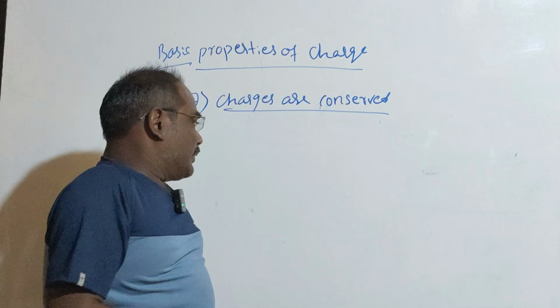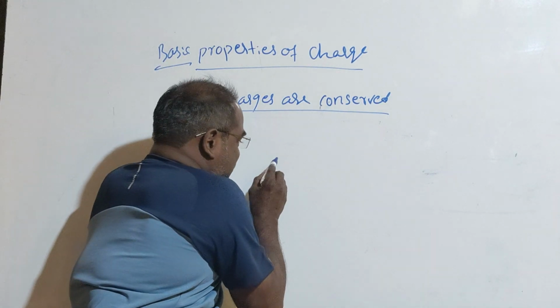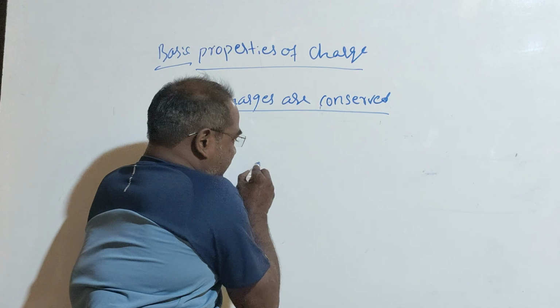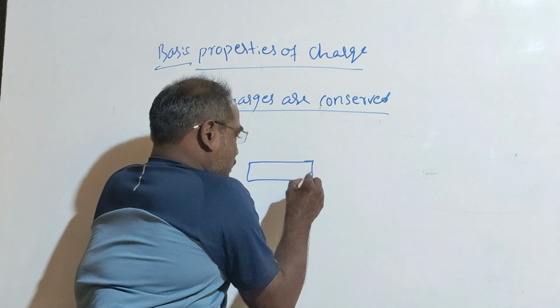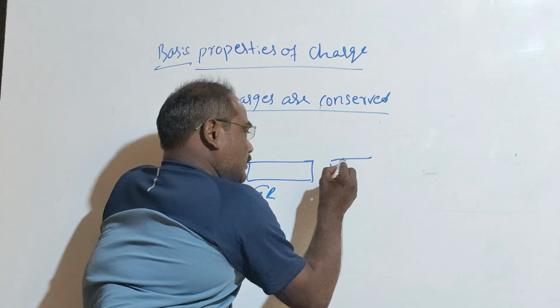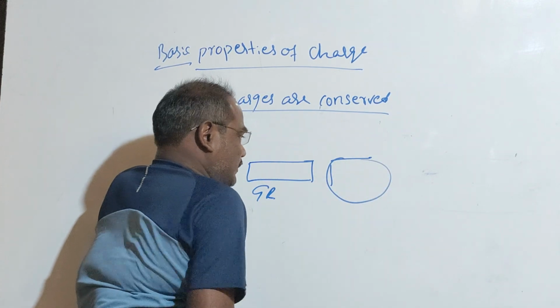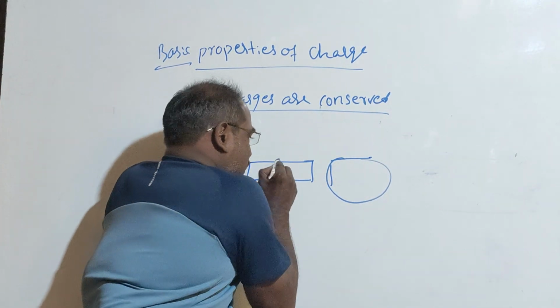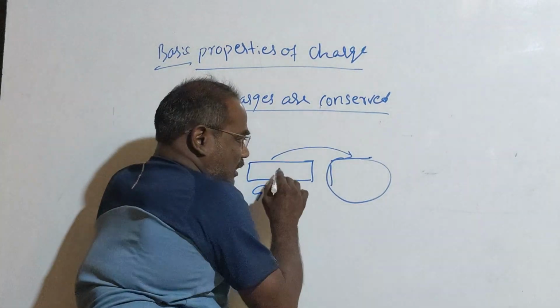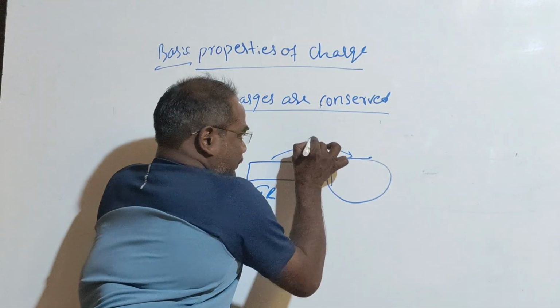It means what? Last minute we discussed one experiment. A glass rod rubbed with silk cloth, the transfer of electrons takes place from one body to another body.